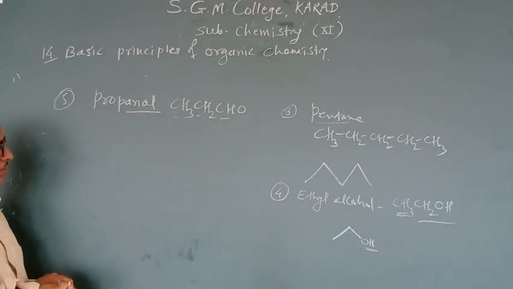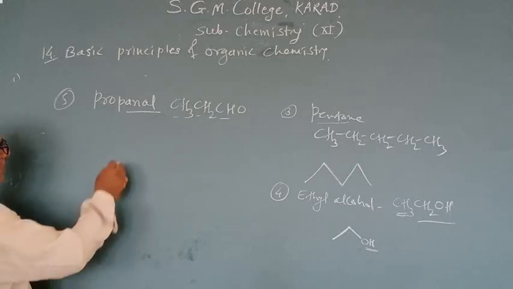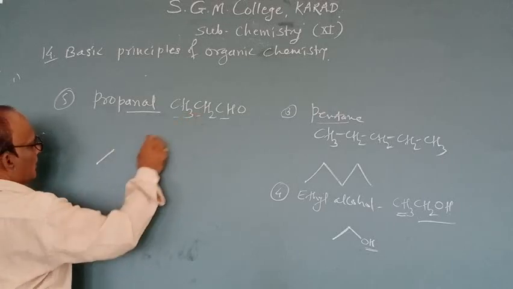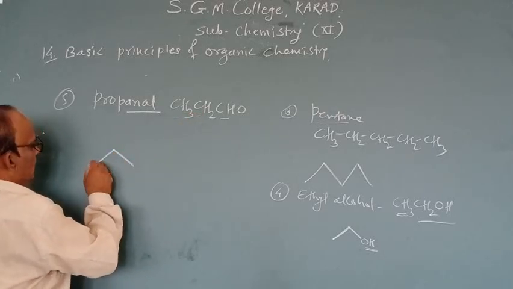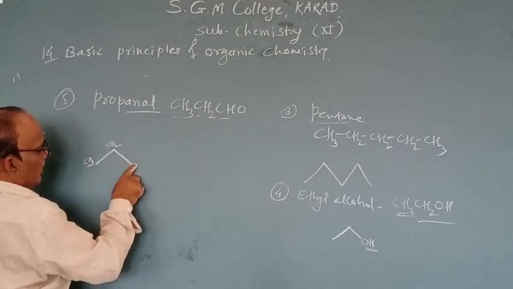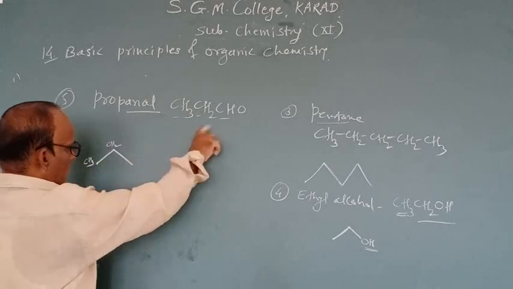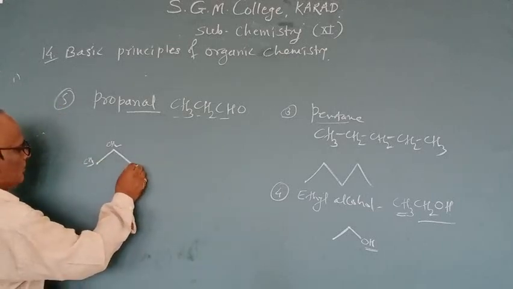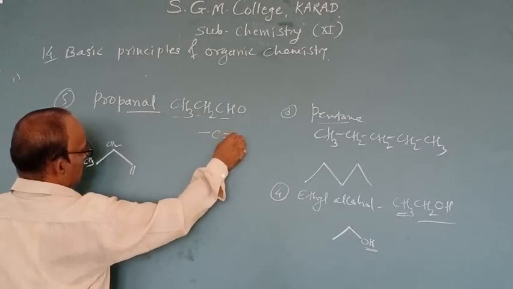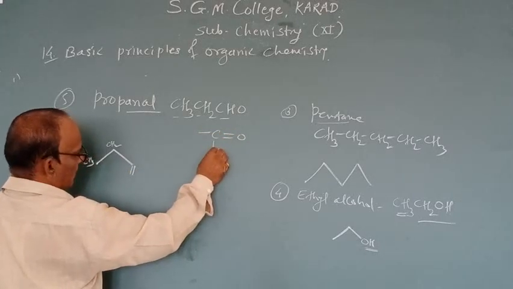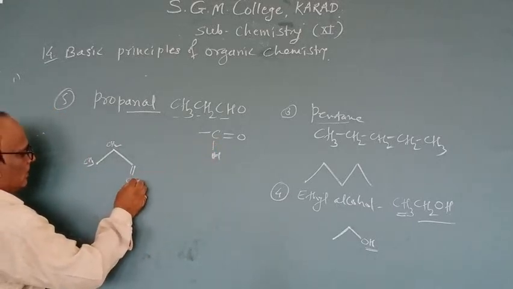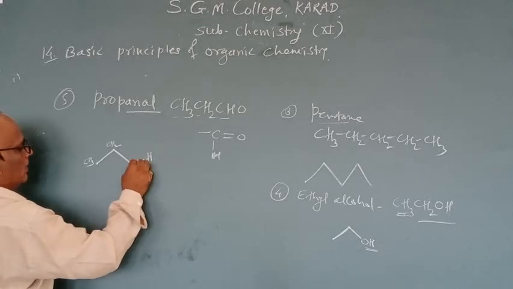So how to represent the bond line formula for this propanal? Again you draw a zigzag line. So this point is a CH3, this is CH2, and at this carbon atom the CHO group is present. Means here the CHO group can be written as C double bond O and H. So you show here the structure of the CHO group, here oxygen and here hydrogen.